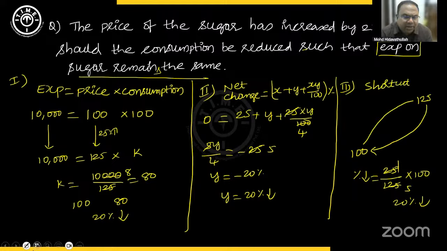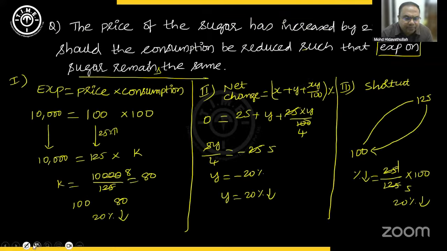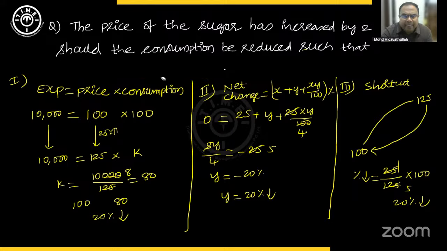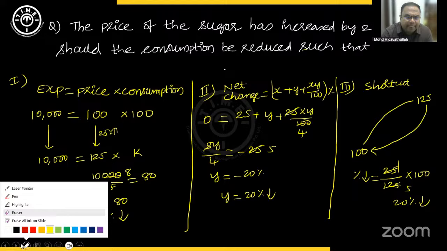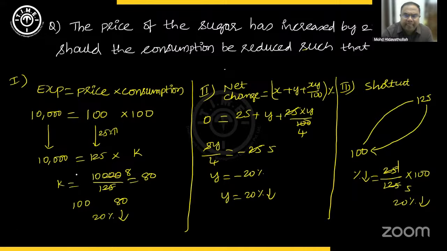Same question. Can I do this? By what percent should the consumption be reduced such that there is an increase of 10% in the expenditure?